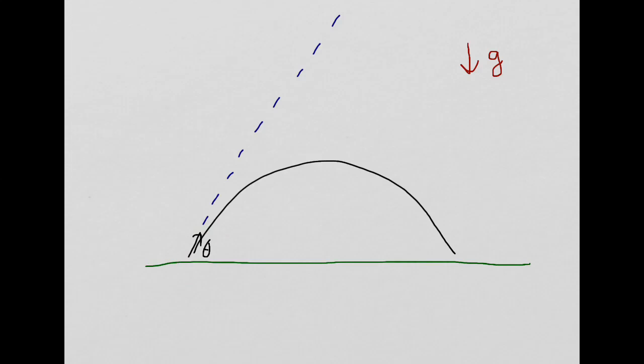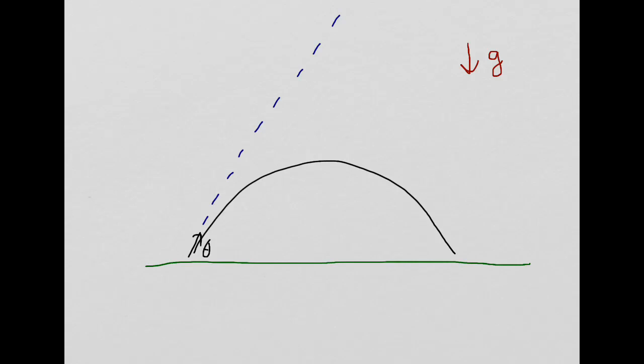They aren't collinear, and they don't really intersect each other at right angles like we saw in the last video. So what I can do is break up this initial velocity vector into two components, the horizontal component and the vertical component, and look at the two components individually.